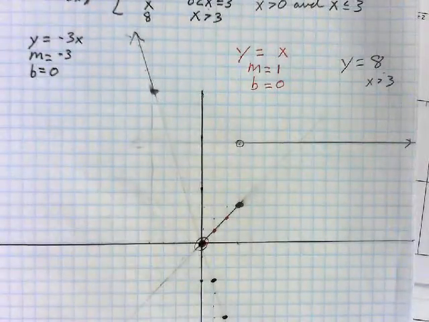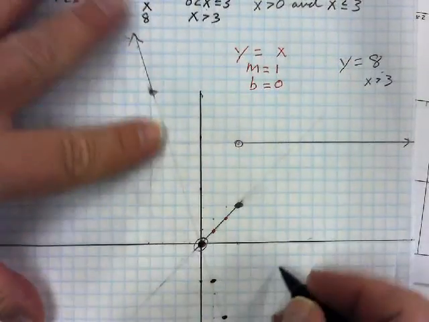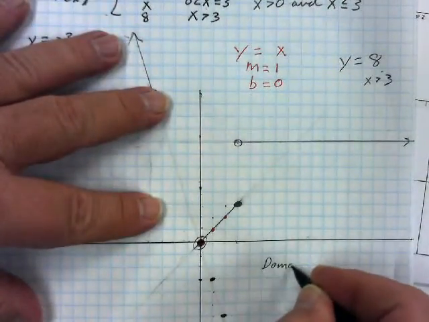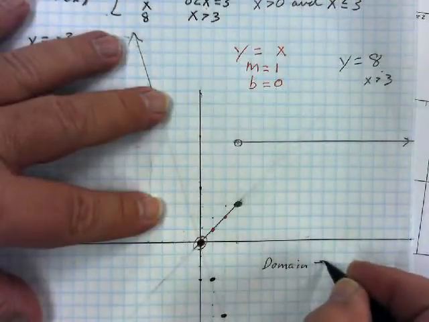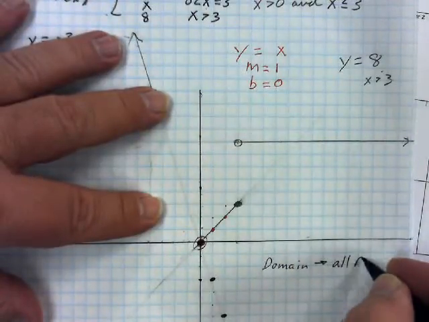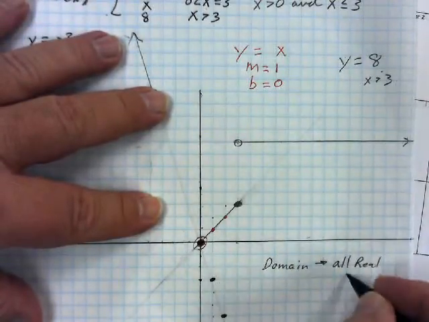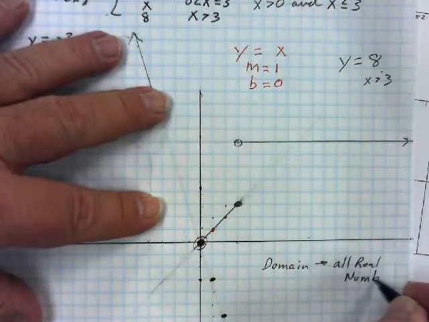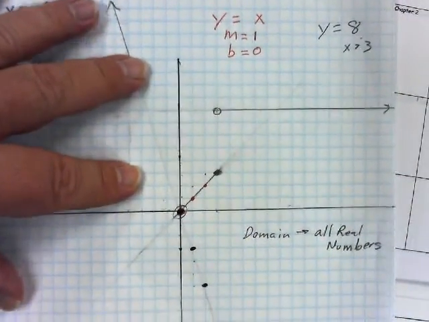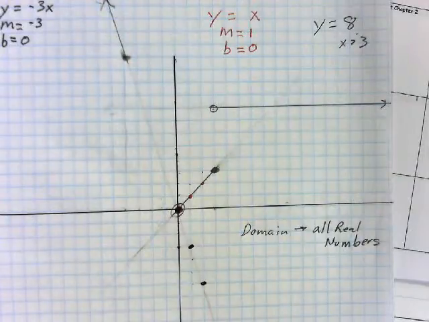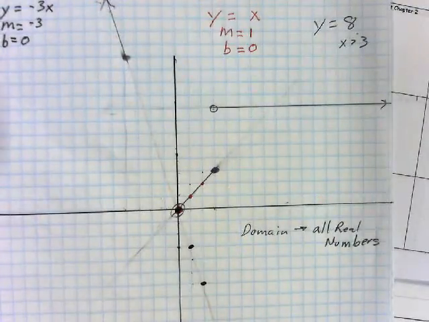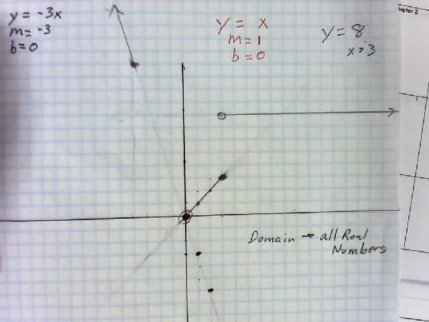So the domain is all real numbers. Okay, looking at your y values. From what I have drawn here, y values go along with the range, don't they?